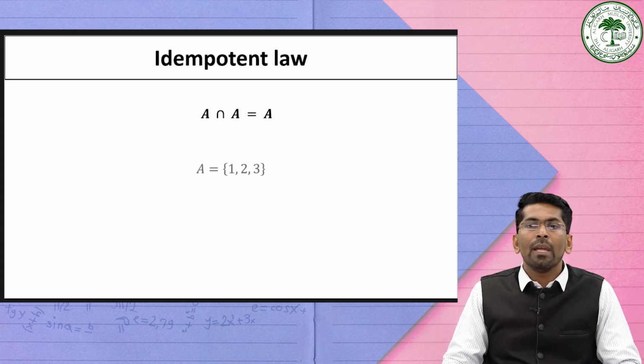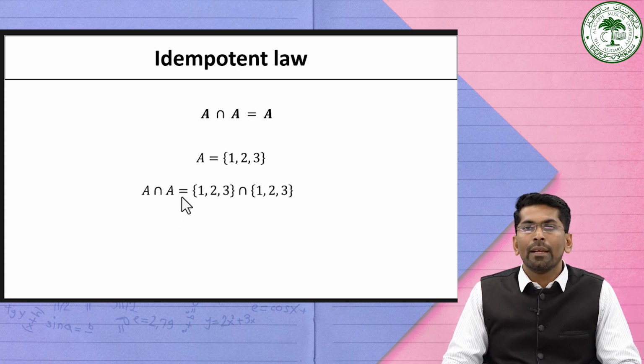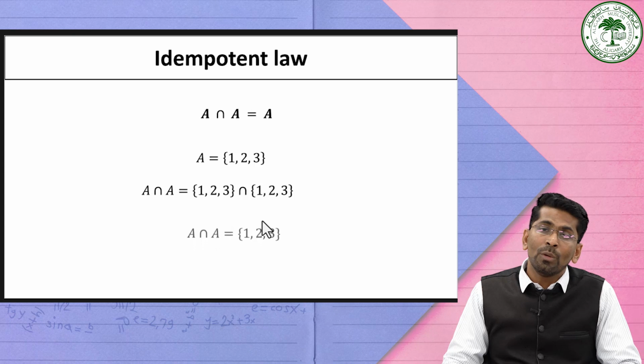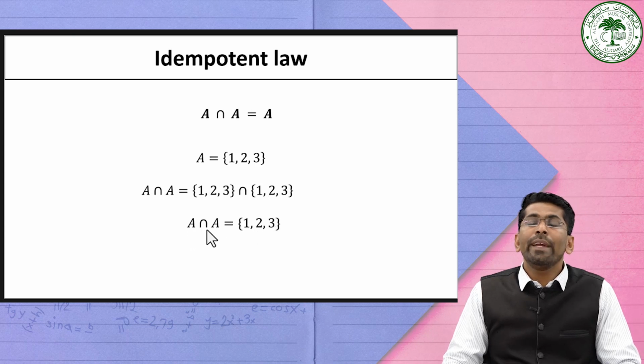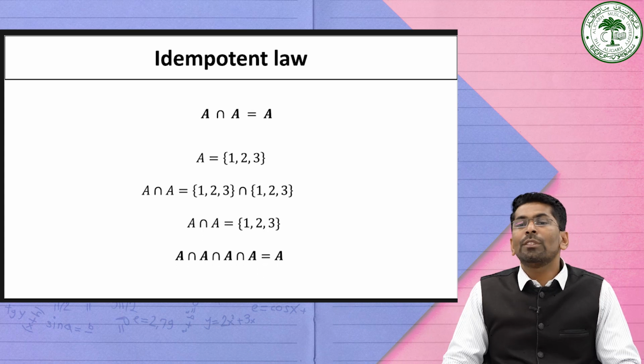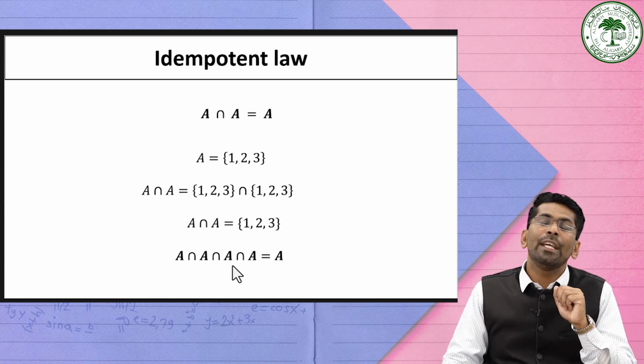For example, we have a given set A equal to {1, 2, 3}. Then A intersection A is {1, 2, 3} intersection {1, 2, 3}, which is equal to {1, 2, 3}. So A intersection A is also equal to A. So we can also say that a repeated intersection with the same set has no additional effect.